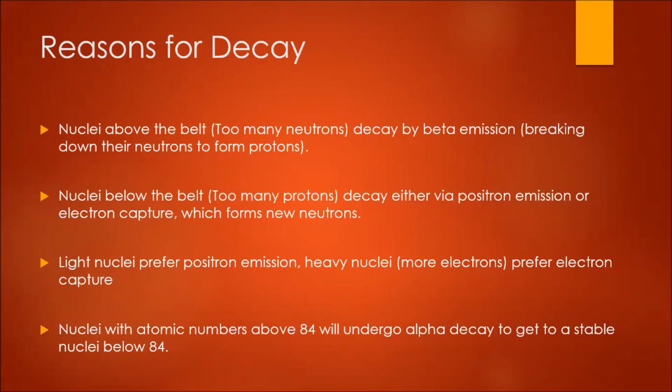So if they're not too heavy, they'll probably kick out a positron. But if they're really heavy, like iodine, they have a ton of electrons, they're going to undergo electron capture instead. So like carbon and whatnot will probably go positron, but selenium or bromine will probably undergo electron capture. And of course, any nuclei above 84 will go through alpha decay.